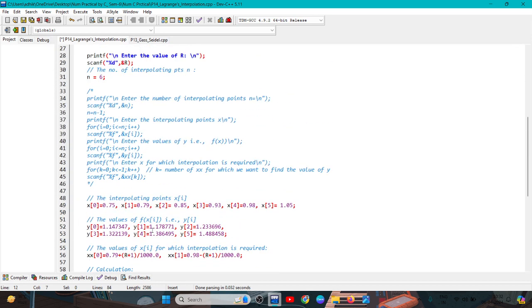You must delete this portion between slash star and star slash, because I wrote this program part for entering values term by term. This can be an integer, the number of interpolating points. You can delete this portion here, which is less than or equal to n. So here the reduced value is n equals n minus 1.